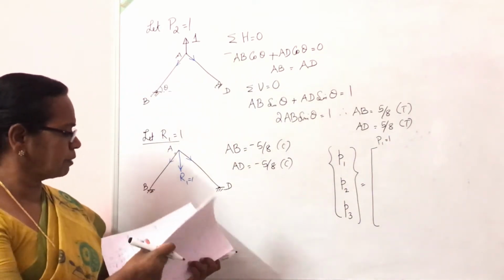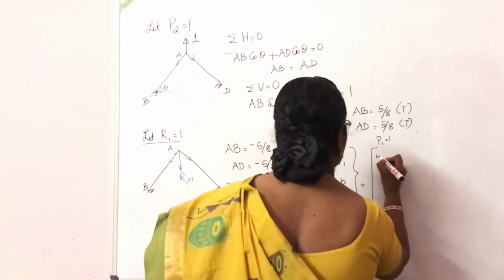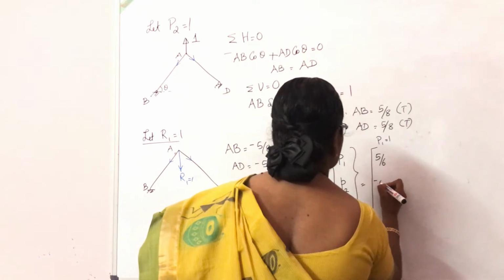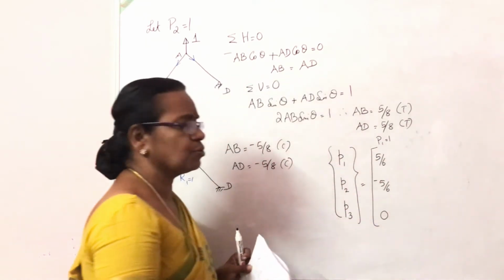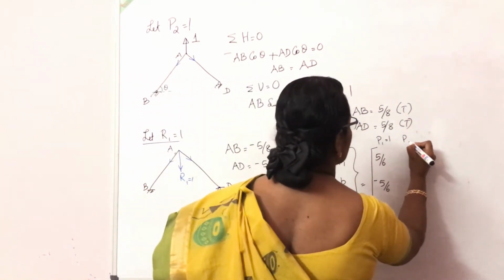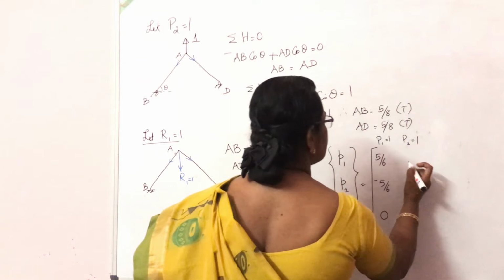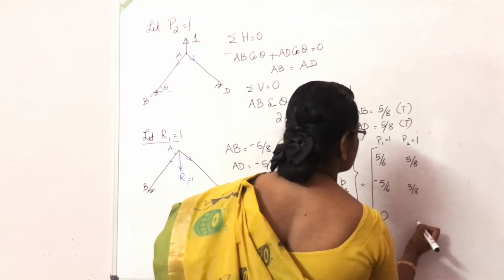The force in the first member for the first case is 5 by 6. The second member is minus 5 by 6. And third member is redundant, there is no member. By giving P2 is equal to 1, force in the first member is 5 by 8. The second member is 5 by 8. There is no member.